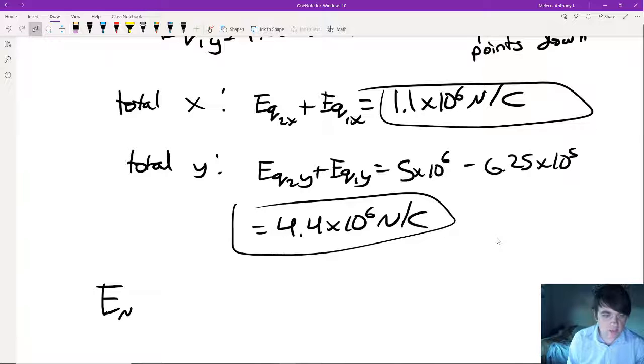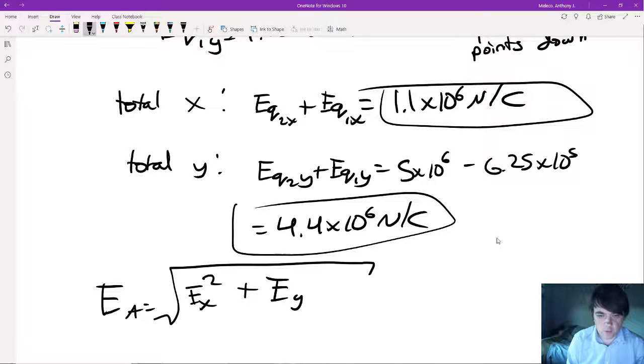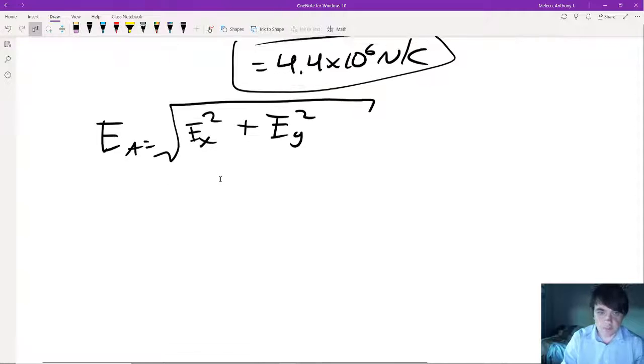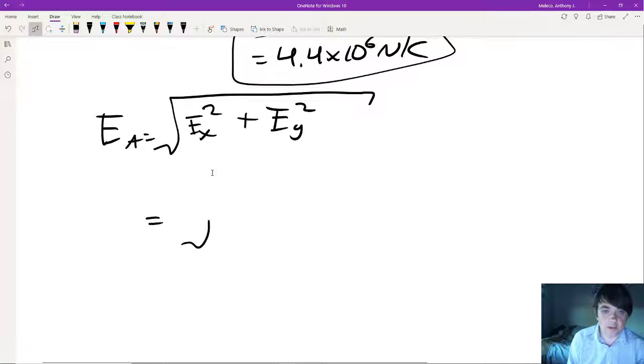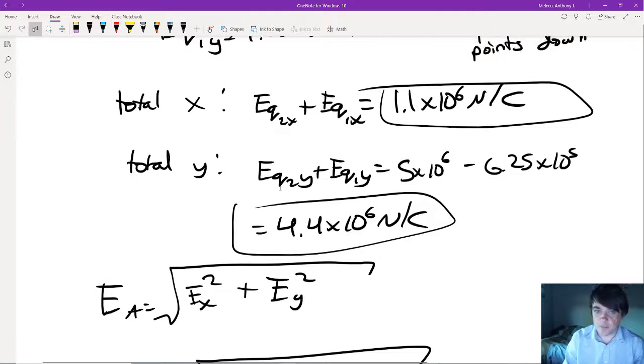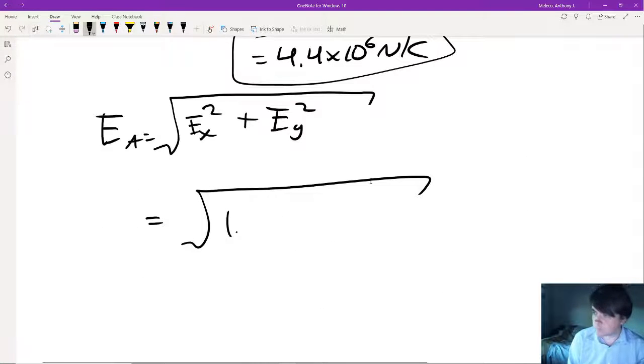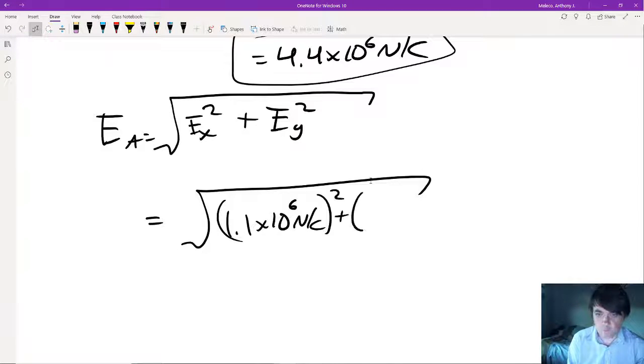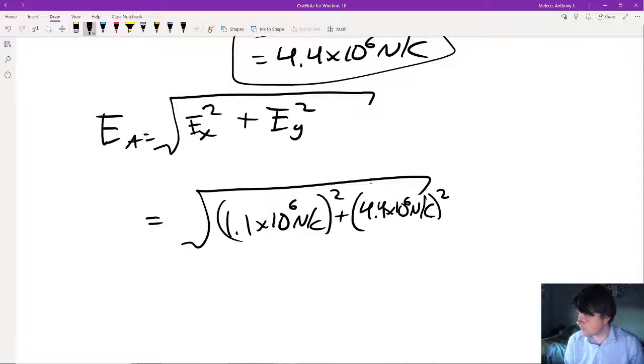So E at A equals the square root of EX squared plus EY squared, the electric field x component squared plus the y component of the electric field squared. And that would be 1.1 times 10 to the 6 Newton per coulomb squared plus the 4.5 or 4.4, sorry, times 10 to the 6 Newton per coulomb squared.